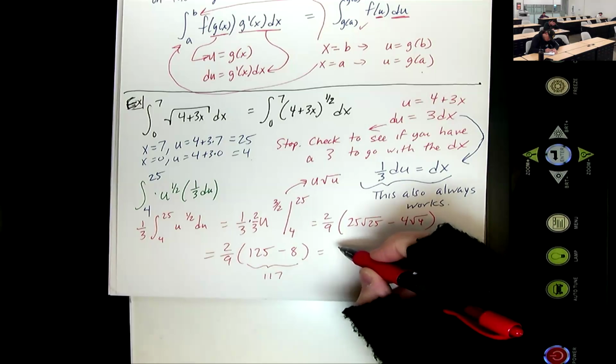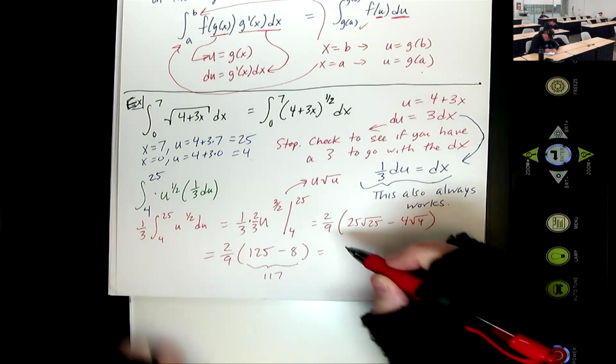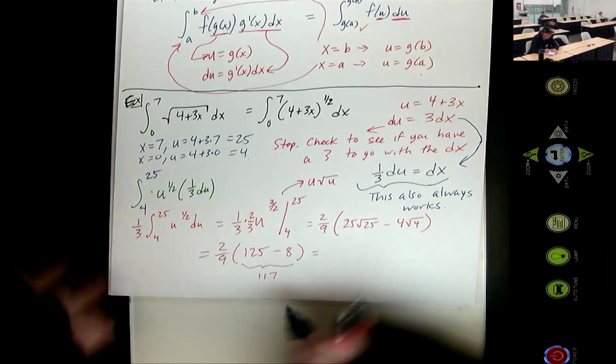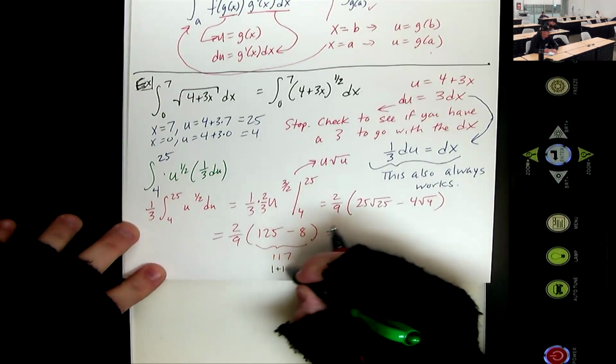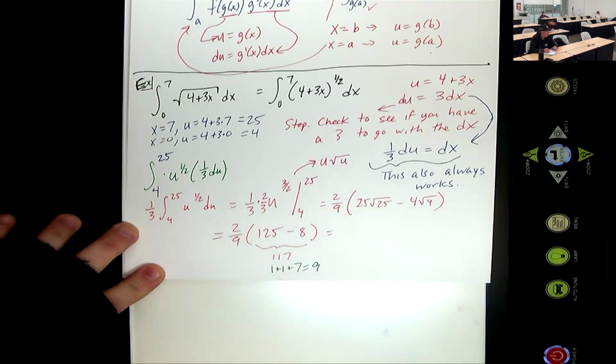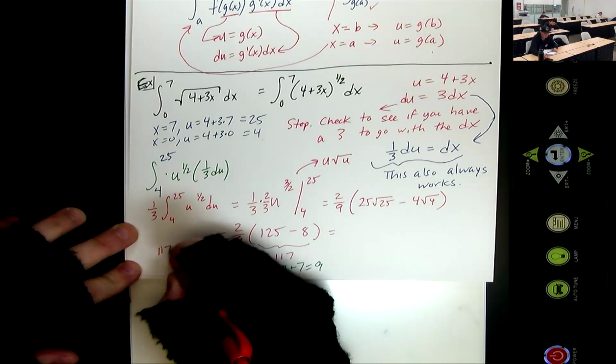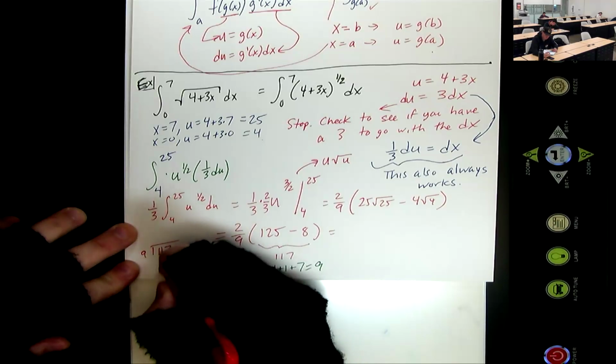Which is evenly divisible by 9. If you add up the digits and it's divisible by 9, then the number is divisible by 9. I don't know what 117 divided by 9 is, but I know it's divisible.